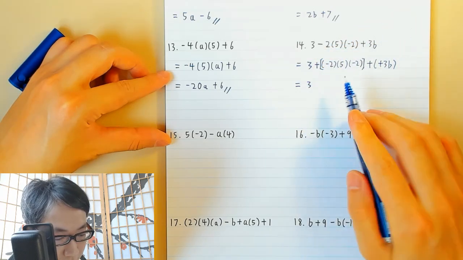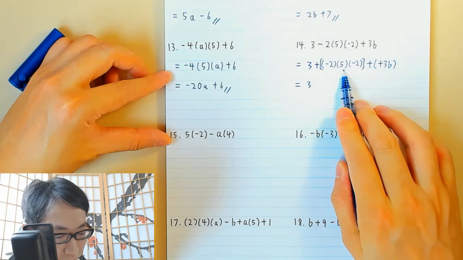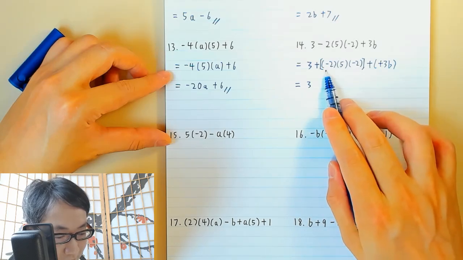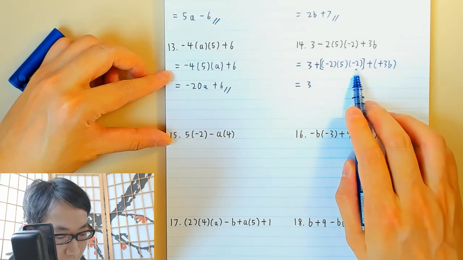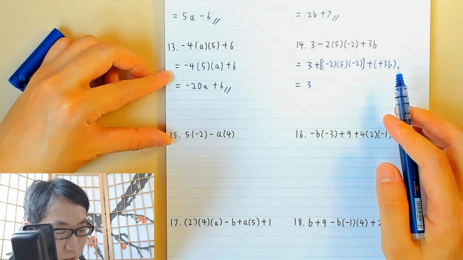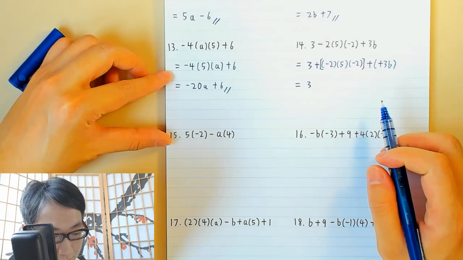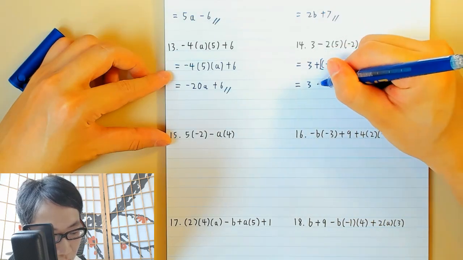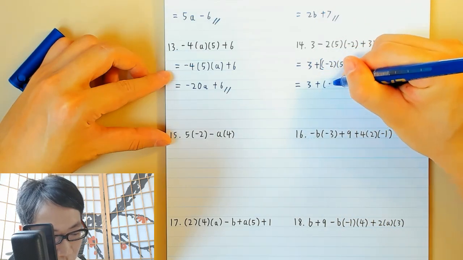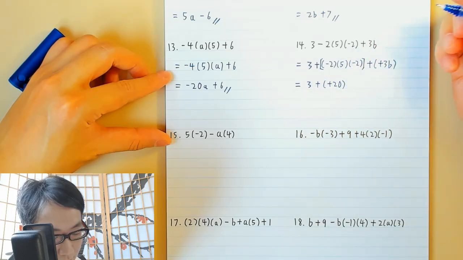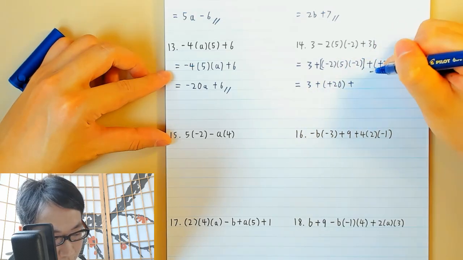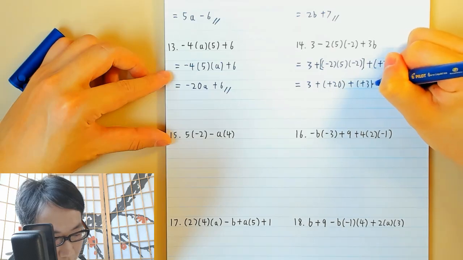positive 3. So this one, -2 times 5 times -2, this is -10. -10 times -2 will be positive 20. Okay. So we are adding positive 20. And then we are adding positive 3b.